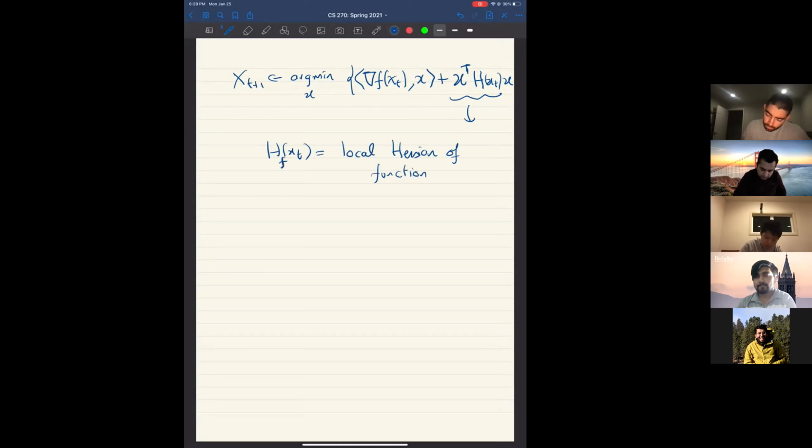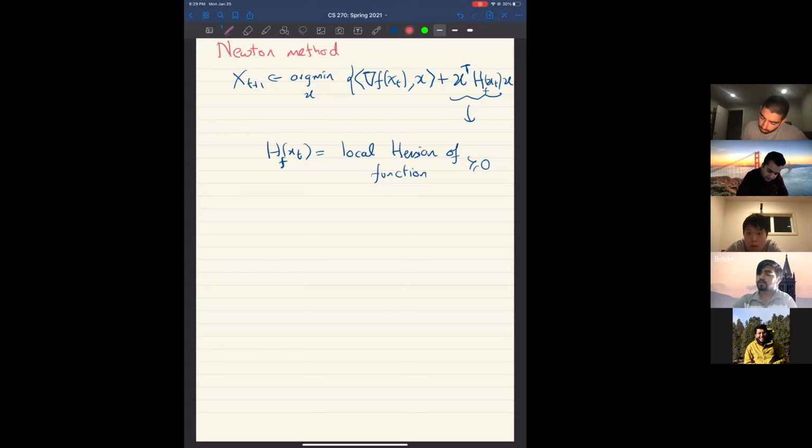H sub f is the Hessian of the function, meaning it's the second derivative matrix. You have a convex function, and locally you have a Hessian, which is a PSD matrix. So you can say, okay, that's the local geometry of my domain, so I'll use that directly as my penalty. This looks very nice. Unfortunately, it is much harder to analyze, but this is what is called the Newton method.